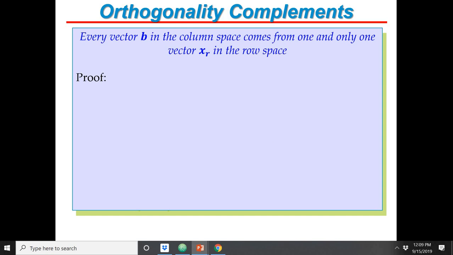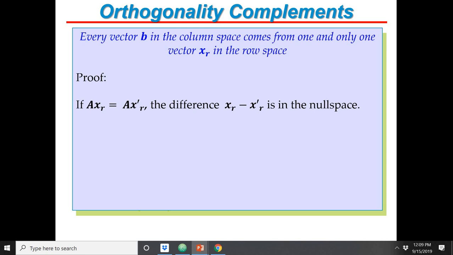So again, if you take a vector b in the column space of matrix A, then this b comes from a unique element xr from the row space. So what that means is that Axr is equal to b, and that particular xr is unique.